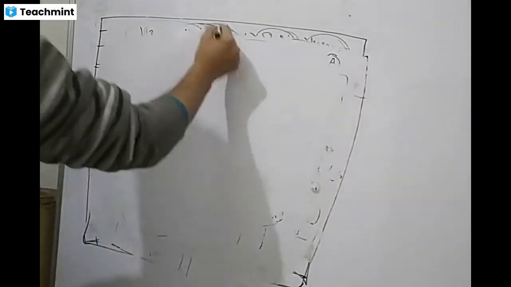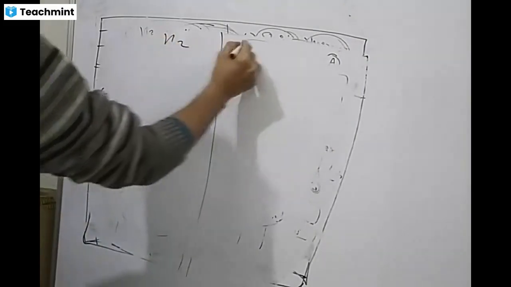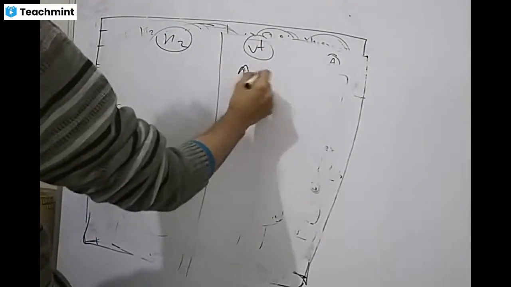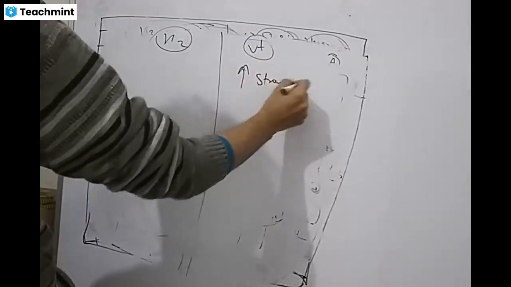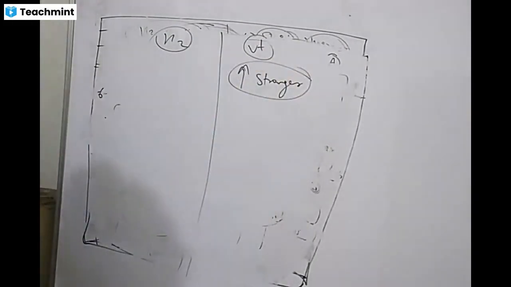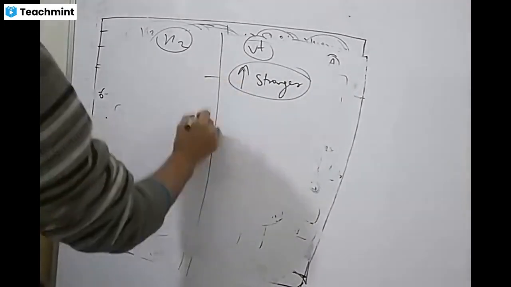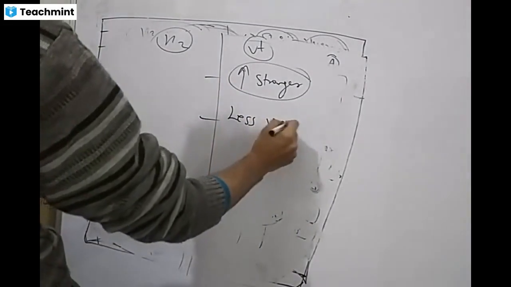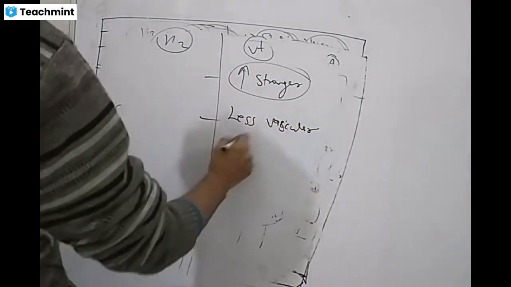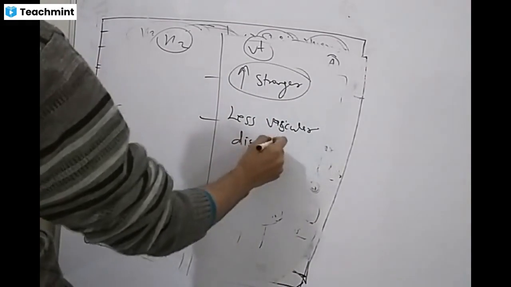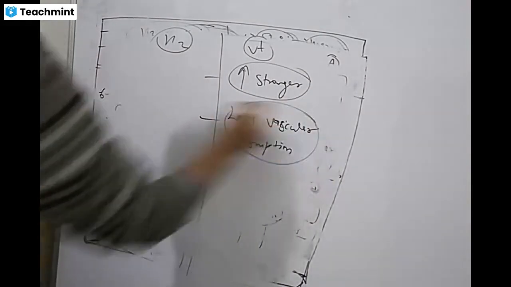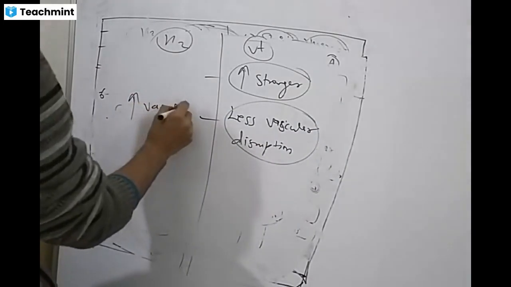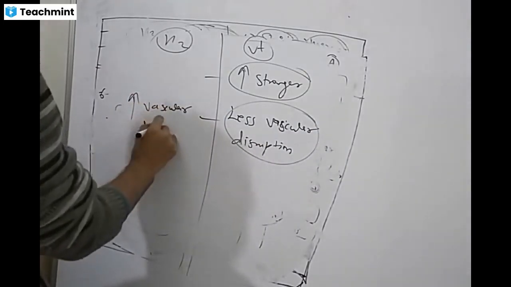So if we compare these two, horizontal and vertical, vertical is stronger. Vertical is stronger than horizontal. There is less vascular disruption. Blood supply is disturbed less. Here, more vascular supply disruption.